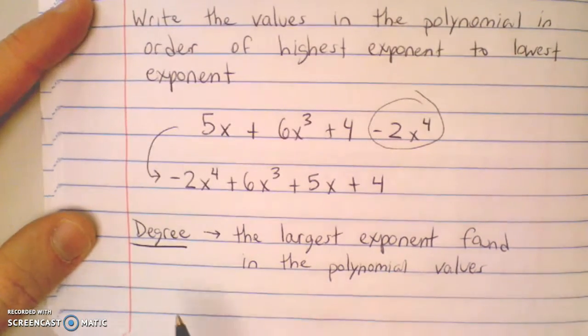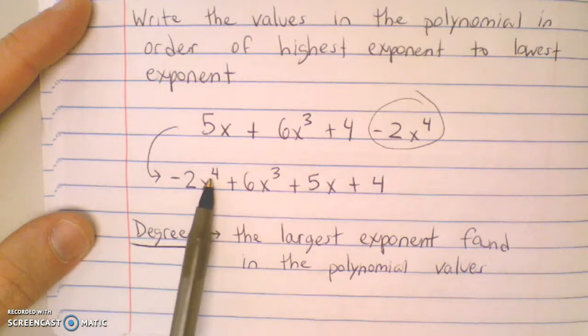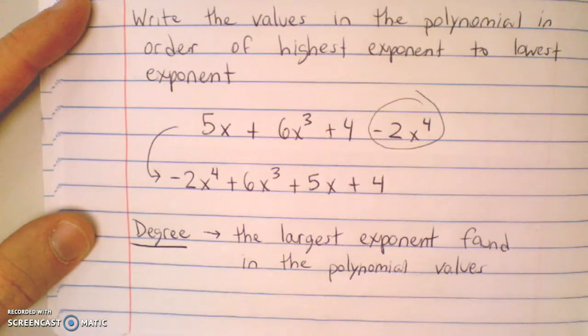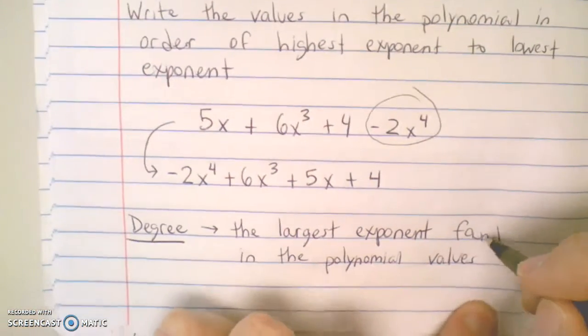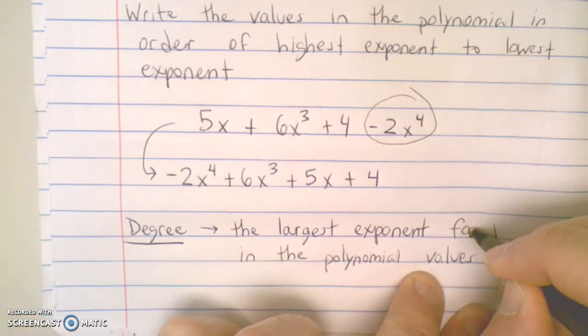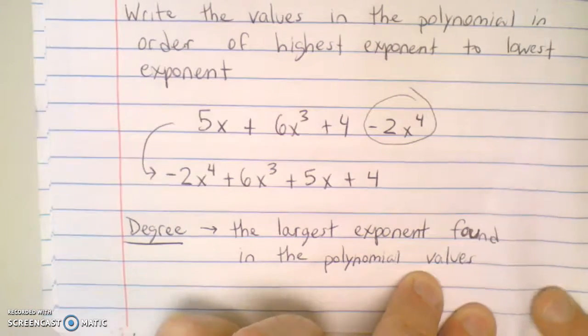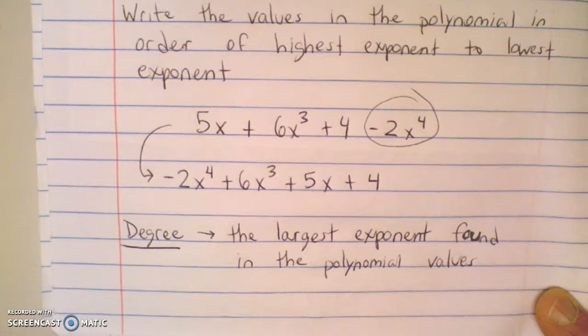So the degree of this polynomial will be 4 because it's the largest exponent found in all of those terms in that polynomial.